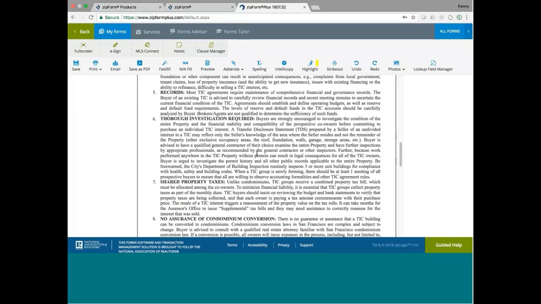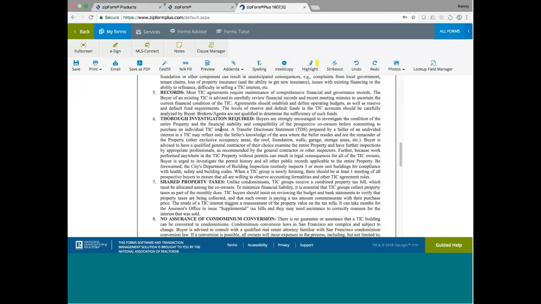And basically, number 6 tells the buyer that they have to do a thorough investigation. They say buyers are strongly encouraged to investigate the condition of the entire property and the financial stability and compatibility of the prospective co-owners before committing to purchase a TIC interest.